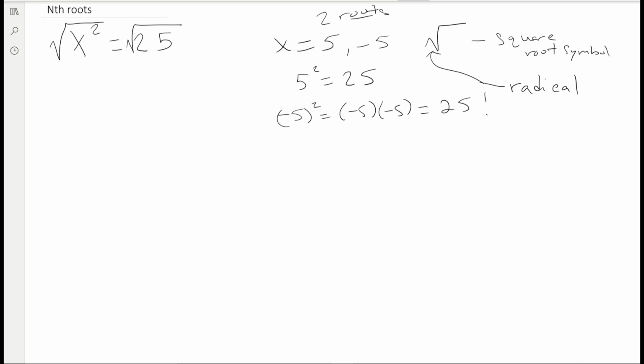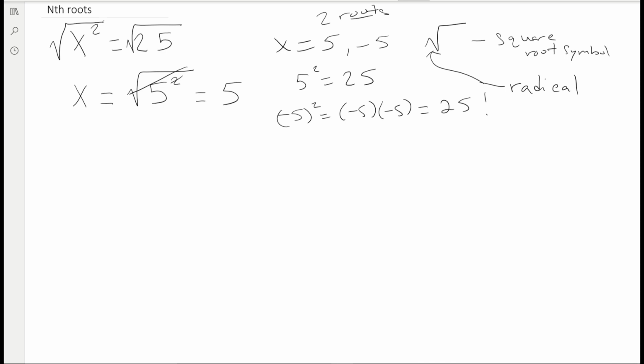So in this case, we know that the square root of x squared is just going to be x because x times x is x squared. And the square root of 25, well, we know that 25 is 5 squared, or 5 times 5, and therefore we know that the square root of 5 squared is 5. So you can think of the squared and the square root as canceling out in this case, leaving you with the result of 5.